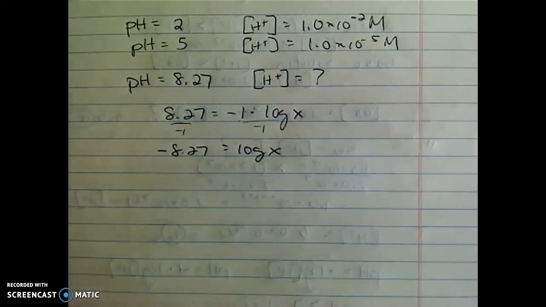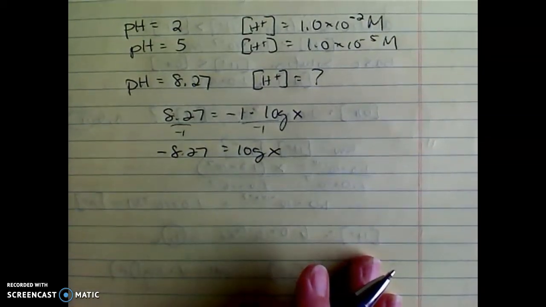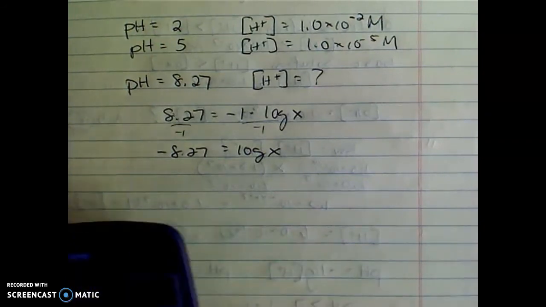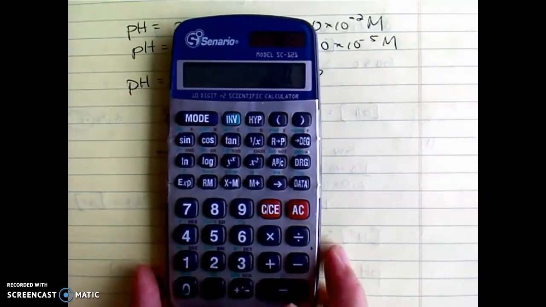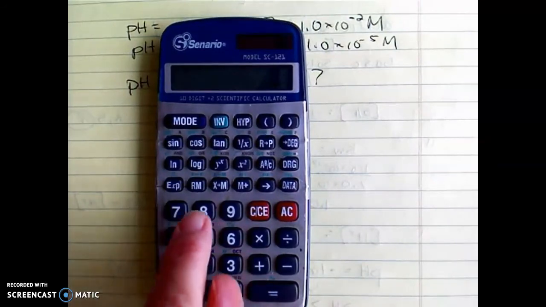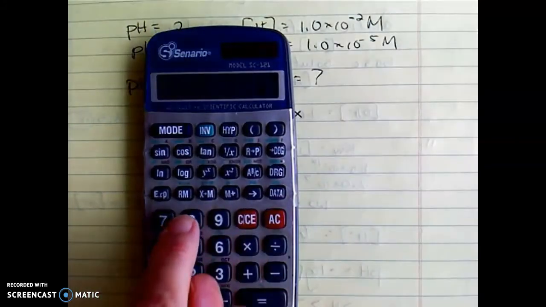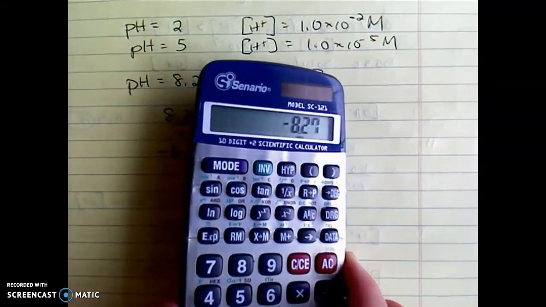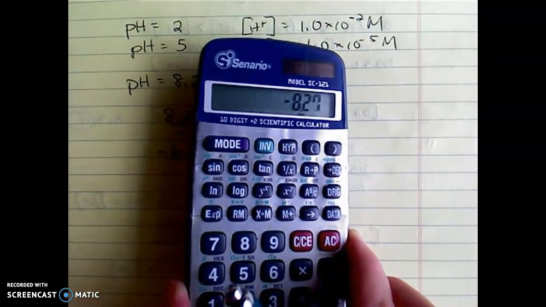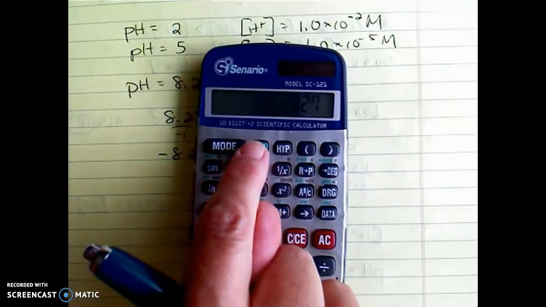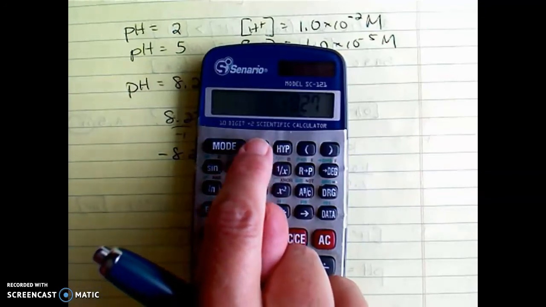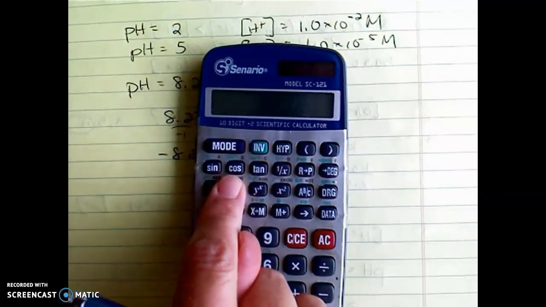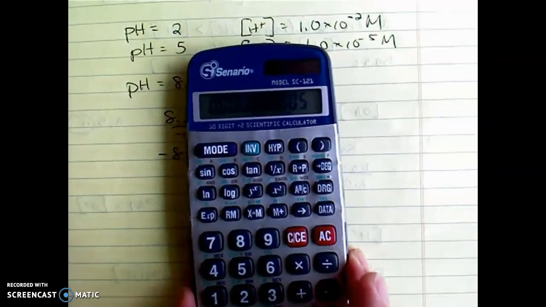root. So on my calculator, what I'm going to have to do is, if you can see this, I'm going to go 8.27 and make it a negative. So a negative 8.27. I have to hit my inverse button, INV, inverse, and then hit log. And it gives me my answer.